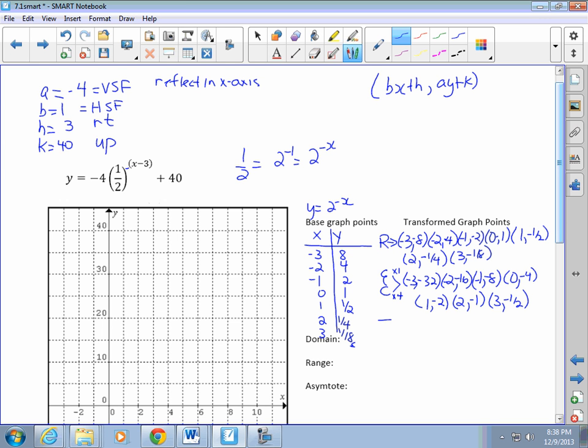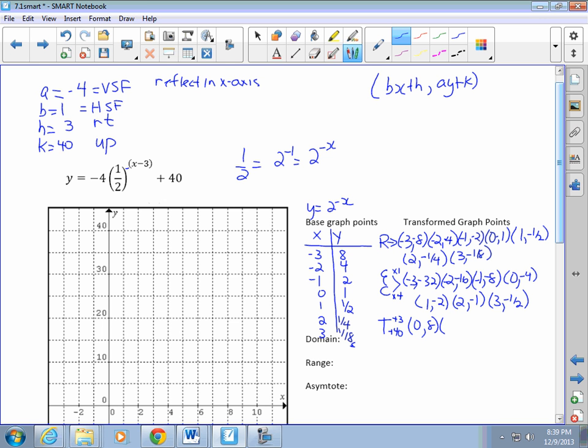And then finally my translations. So for the translations, the X values are +3 and the Y values are +40. So -3 plus 3 is 0. -32 plus 40 is 8.